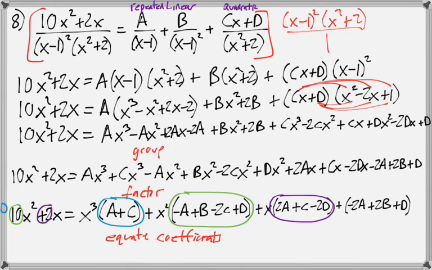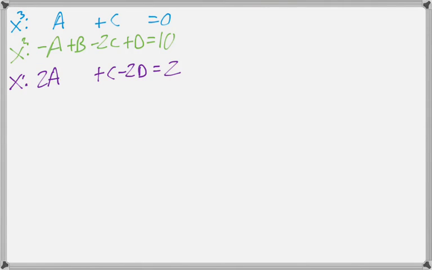Let's do orange. All the ones that didn't have an x, well, there's no constant on the left-hand side. So it's kind of like there's a 0. So the constant is going to be negative 2a plus 2b plus d is equal to 0.